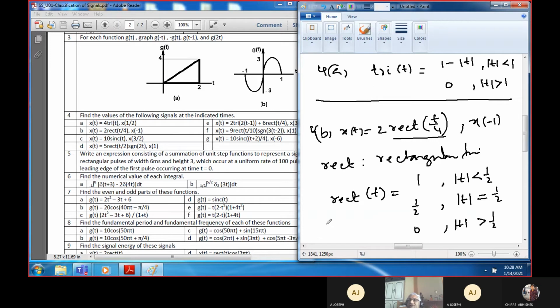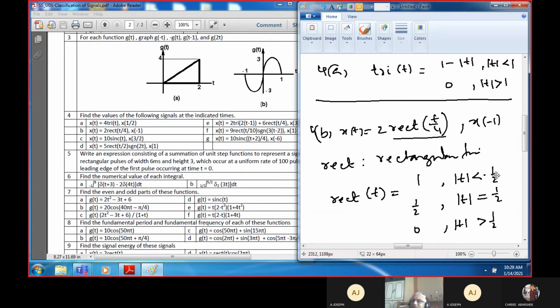Okay, it is equal to 1 for mod t less than half. There is a small mistake here: it should be less than 1 by 2, minus 1 by 2 we have to take. So you can see some mistakes are there.